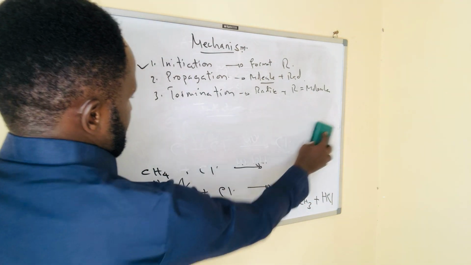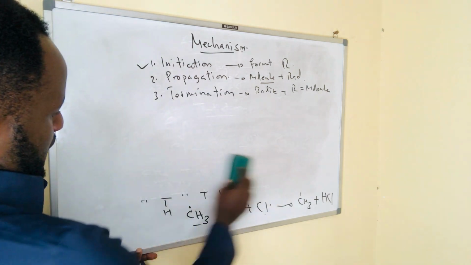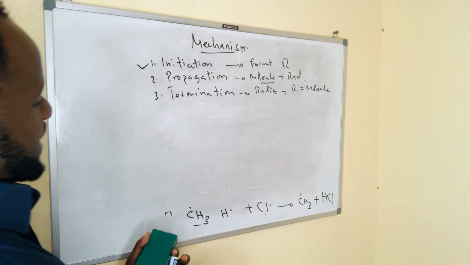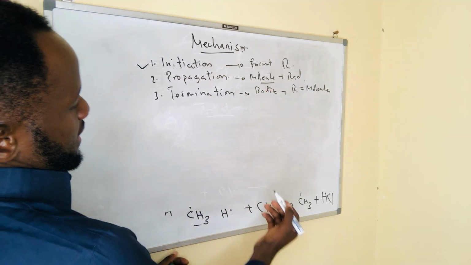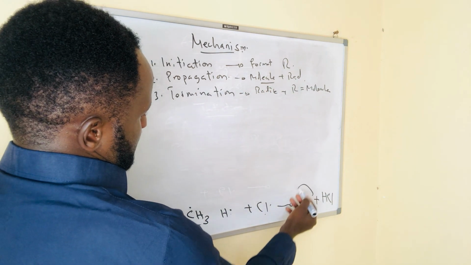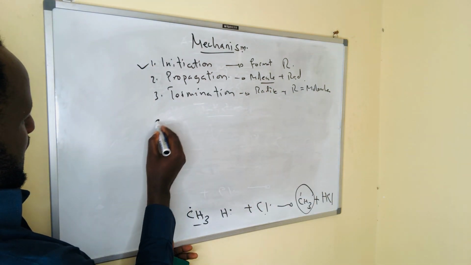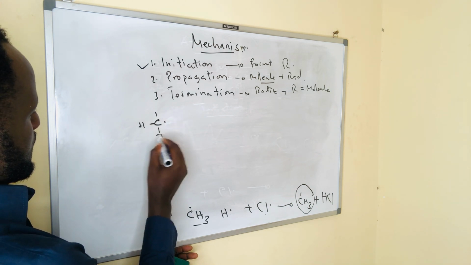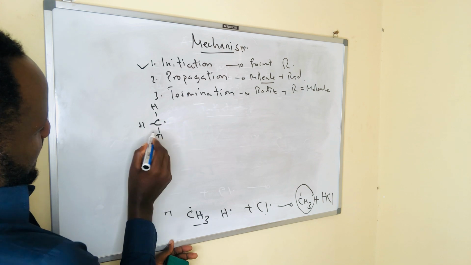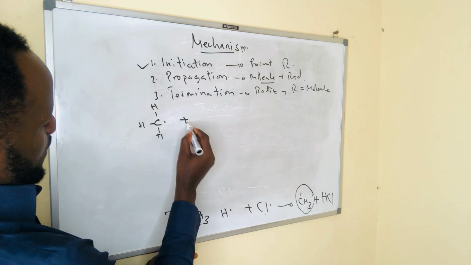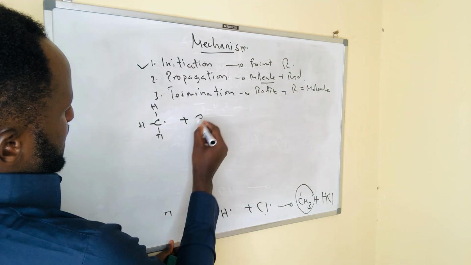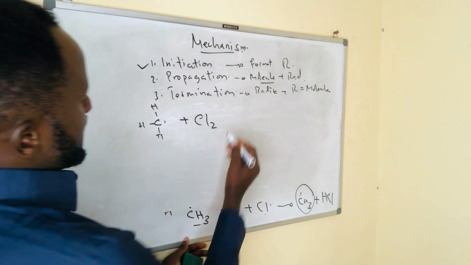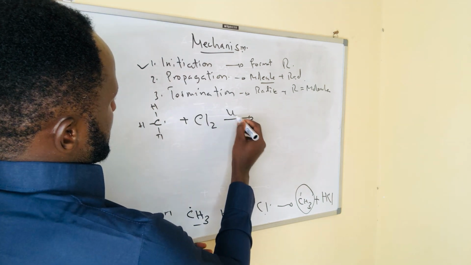And then we proceed with propagation. In propagation, we said it is a reaction between molecule and radical. So now we take this carbon radical. This one is a radical. So you take a molecule of chlorine, 2 chlorine, and then you put UV.